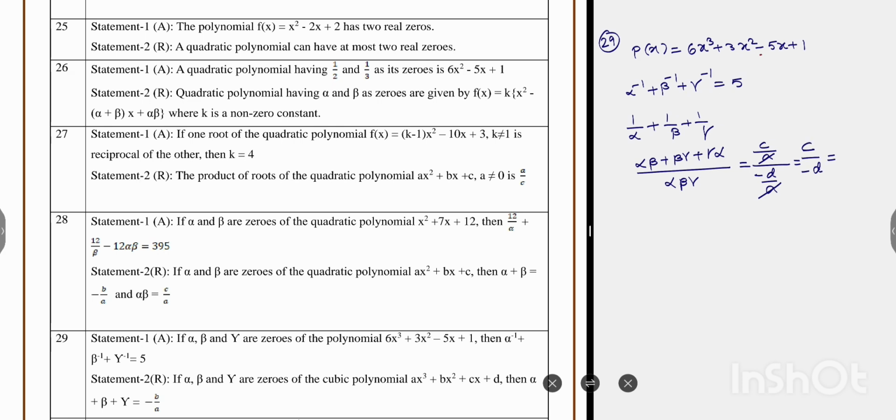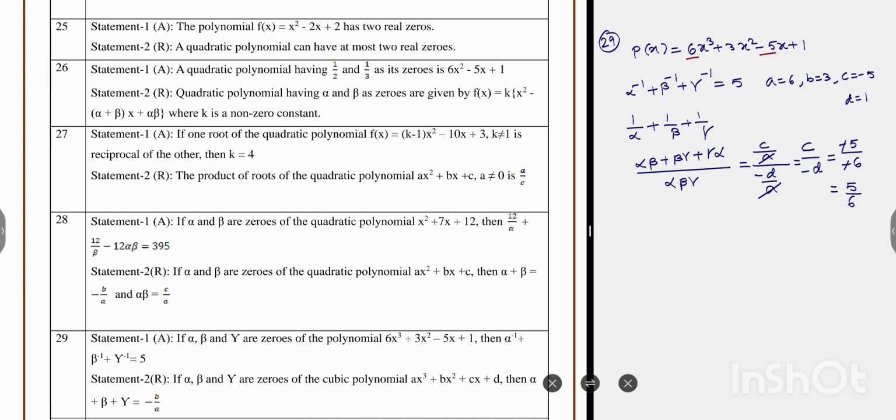Here a is 6, b is 3, c is minus 5 and d is 1. Substituting, minus 5 by minus 6, the minuses cancel, and we get 5 by 6.